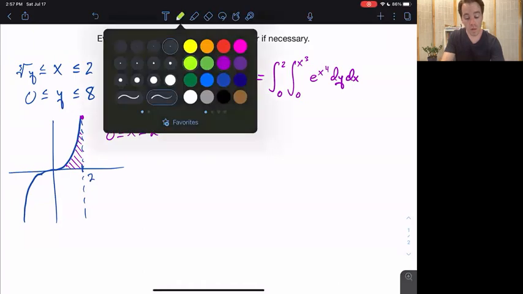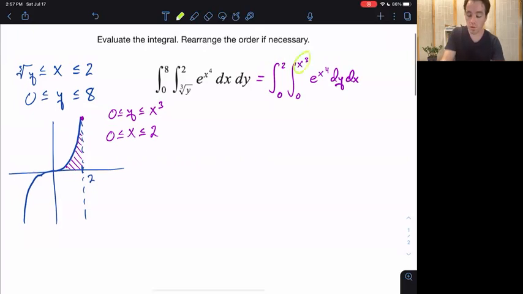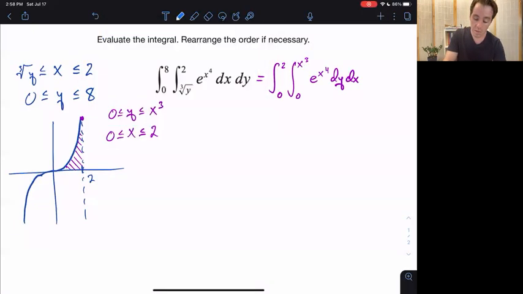Notice how when I pointed out at first why this problem was impossible, it was because it was missing an x to the third term. Look, so now we're going to have something really convenient here. Let's make it happen. This is going to be the inner integral from 0 to x to the third of e to the x to the fourth dy.